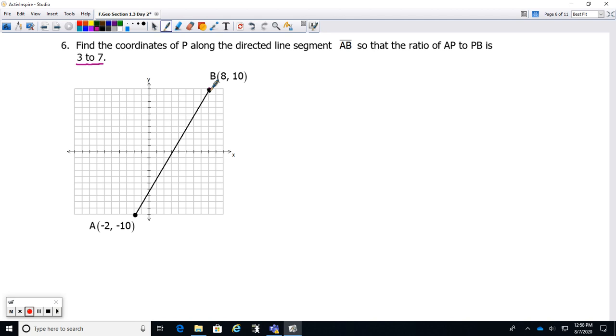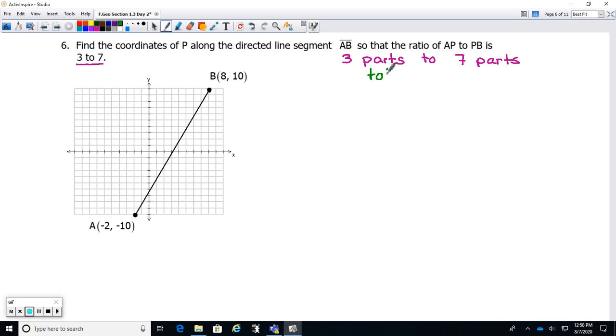So let's write out a little bit of notes to begin. There is 3 parts to 7 parts. That gives me a total of 10 parts when I add them.